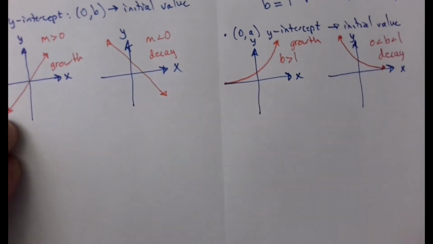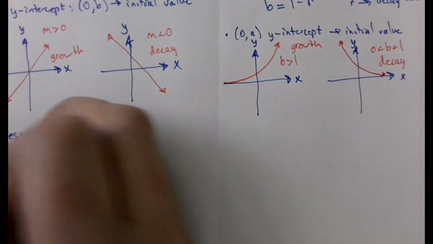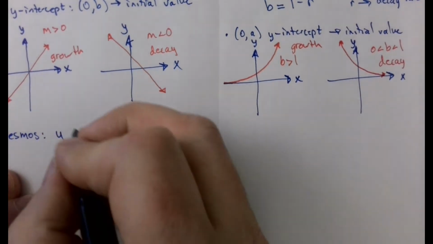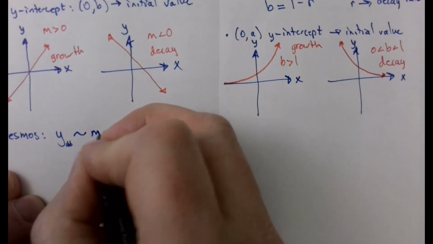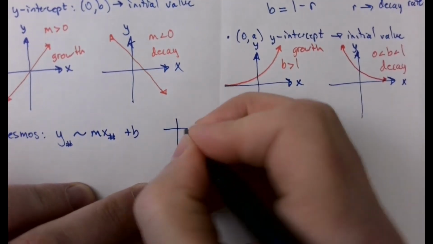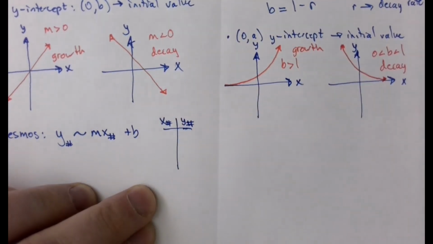All right, and then the last thing is making sure you know how to find these in Desmos. For the linear function, it's y, and then you put in the number that corresponds to the table in Desmos, then tilde mx plus b, where your data value looks like this. The default is 1.